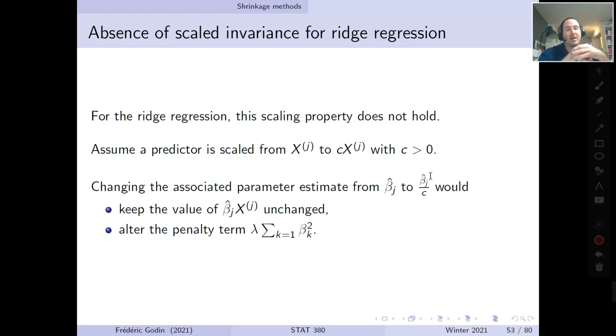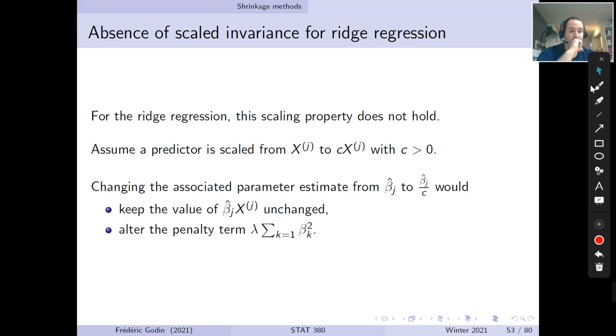So because of that, your slope that was initially optimal in the original regression, once you've scaled your predictor in the second regression, because you changed the penalty associated with the beta, the old set of parameters might not be optimal anymore for the new regression. Okay, so ridge regressions are impacted by the scale of your predictors, unlike OLS regression.